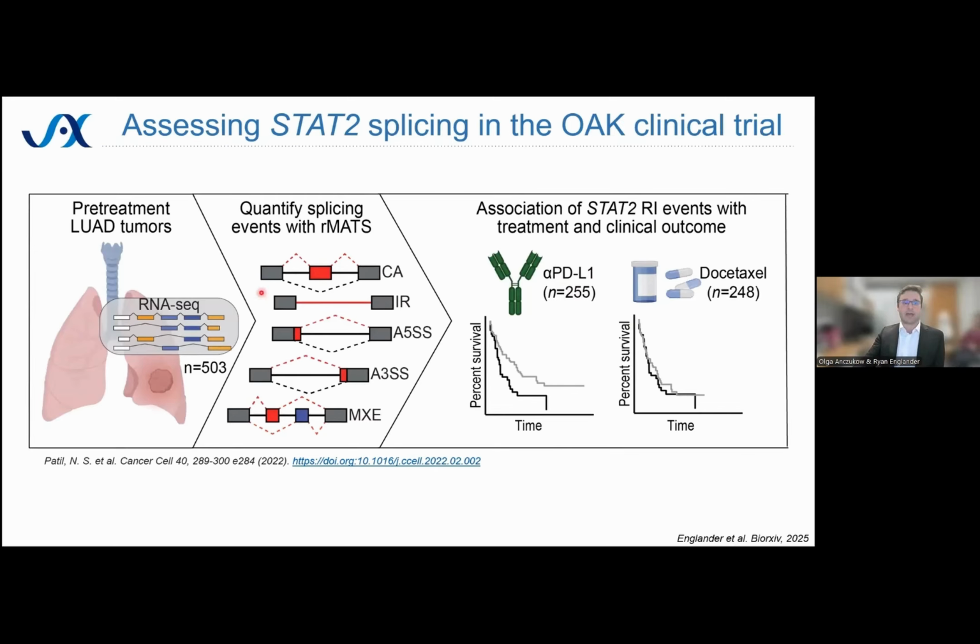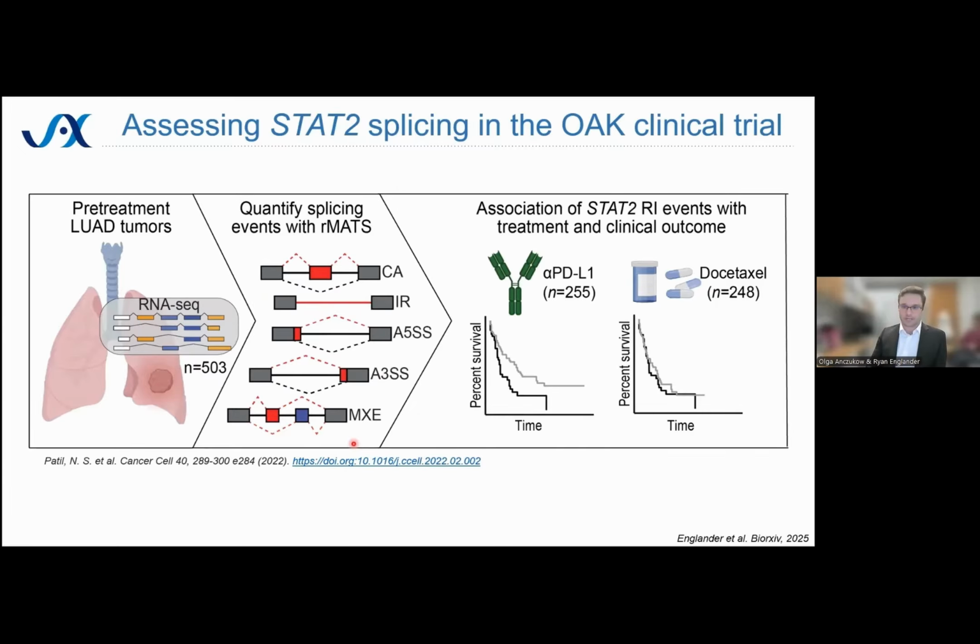So we were able to access pre-treatment RNA from 503 lung adenocarcinoma patients in this trial who were treated with either the immunotherapy or the chemotherapeutic drug. And so we quantified splicing events in all of these patients, including introns 6 and 12, and looked for associations between STAT2 splicing and expression and patient survival.